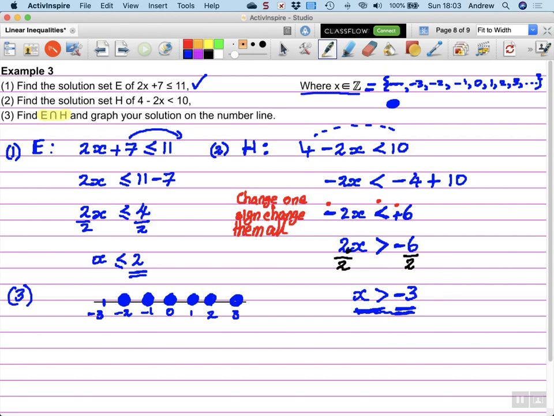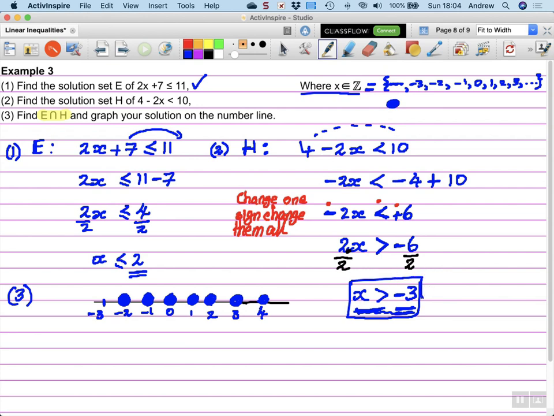I could extend that number line a little bit more. And just keep going.